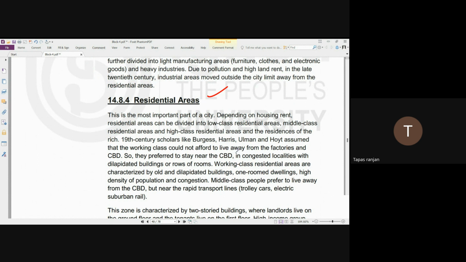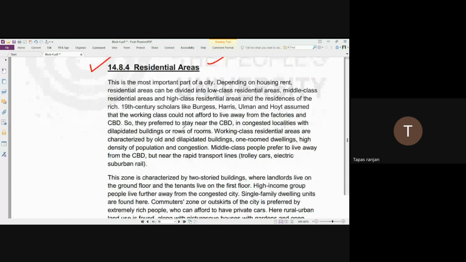To understand these, you can look into these previous theories, and these residential areas are a very important part of the urban morphology.